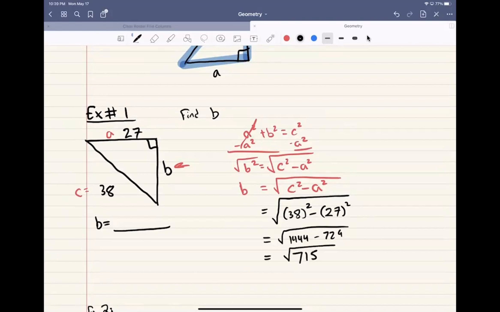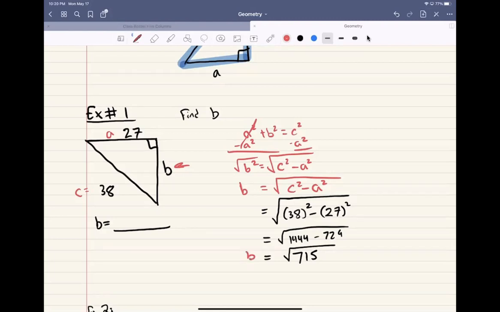Now, I don't know if this is a perfect square, but I'm going to go ahead and use my calculator and plug it into the square root function and see if it gives me a perfect number. So it gives me an estimate. We're actually just going to leave this answer just like that, because I'm not going to bother simplifying today.